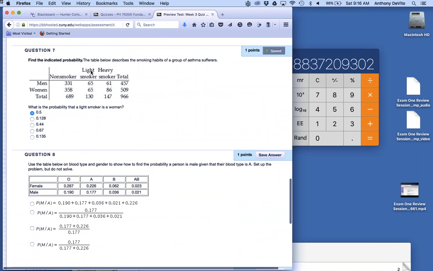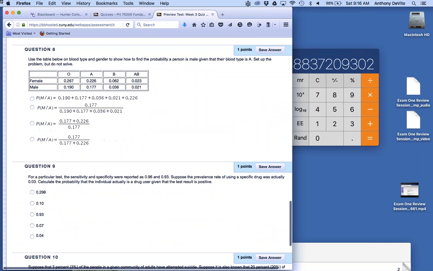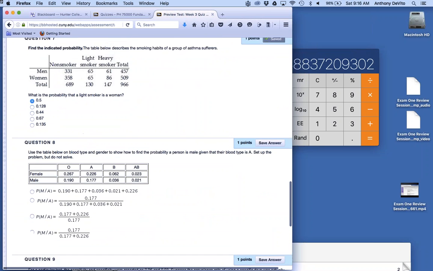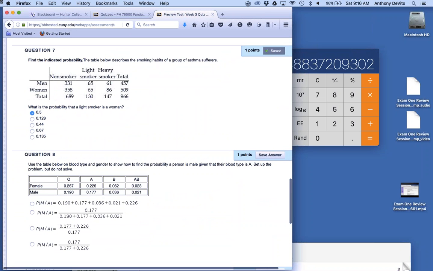Okay, so everybody get that? The condition here that had to be satisfied first is that we're only looking at light smokers. Probability that a light smoker is a woman. If I had instead said, what's the probability that a woman is a light smoker?